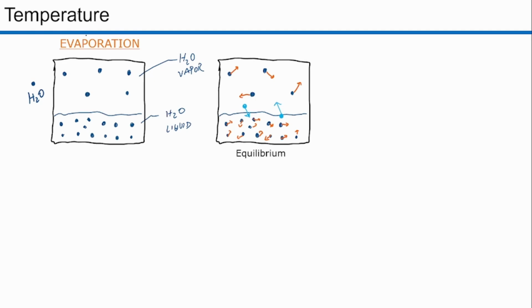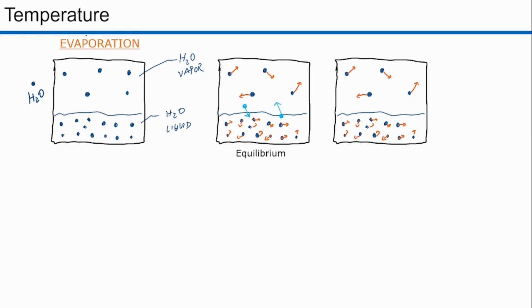The volume of the liquid stays the same. But if we heat this liquid up, we are essentially giving the molecules more kinetic energy, so more molecules will be able to transition to the vapor phase. As a result, we see the liquid phase reducing, and we see it evaporating, right? There's a net outflow of molecules from the liquid to the vapor phase.